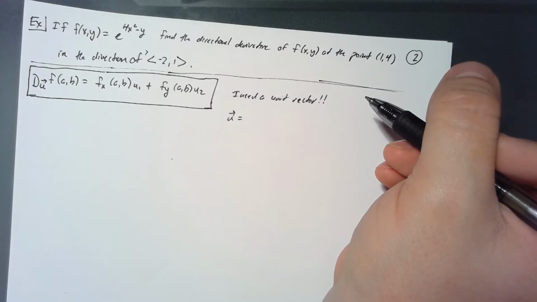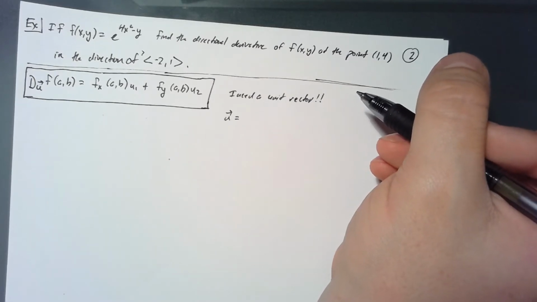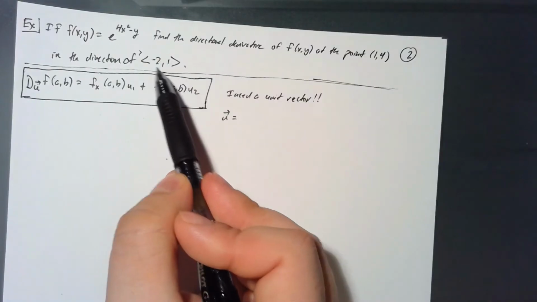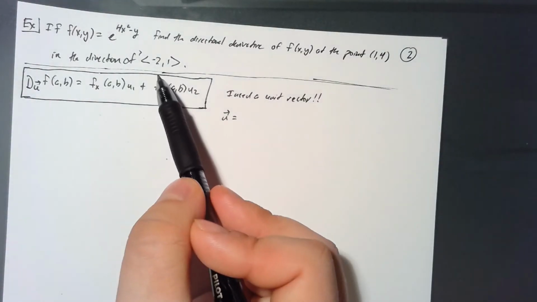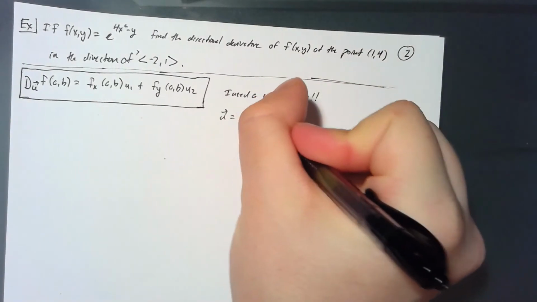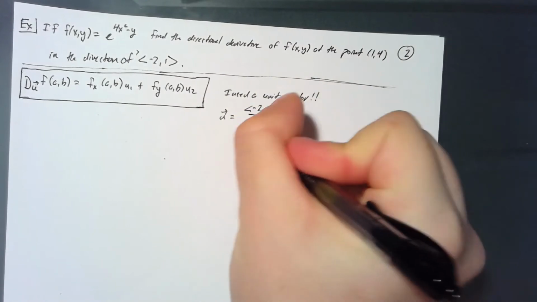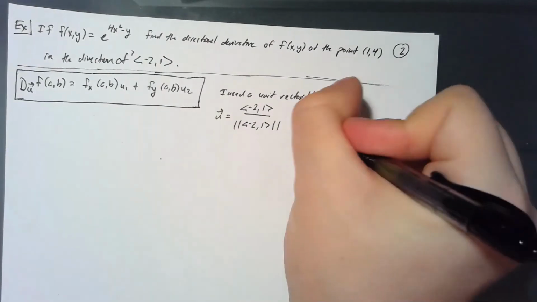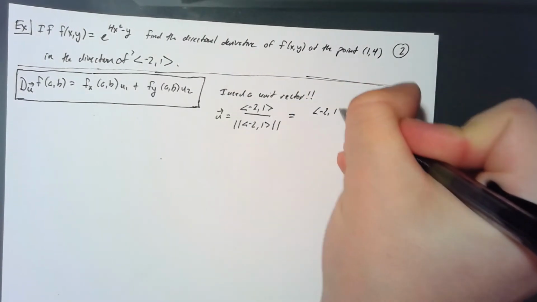If you remember, all the way back, when we find unit vectors, we take the given vector and divide it by its magnitude. So this will be negative 2, 1 divided by the magnitude of negative 2, 1.